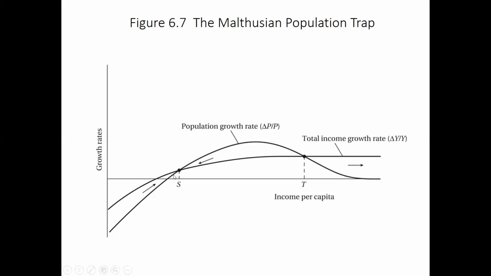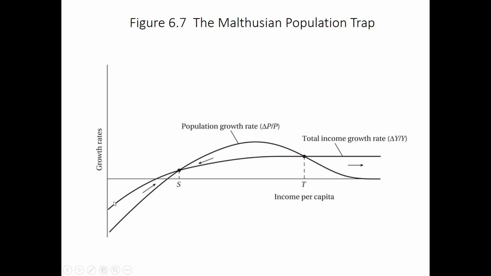And this other curve shows that as income per capita is higher, this tends to bring the economy closer to a steady state where the income growth rate will be essentially constant. You can think of this as the relationship between income per capita and income growth. It's a positive relationship for low levels of income.